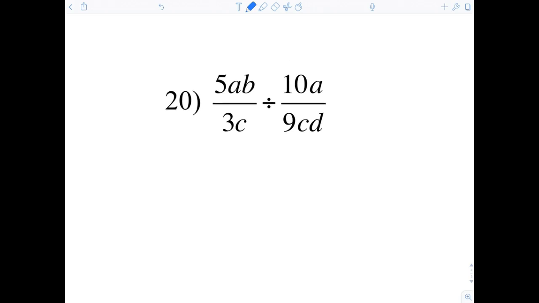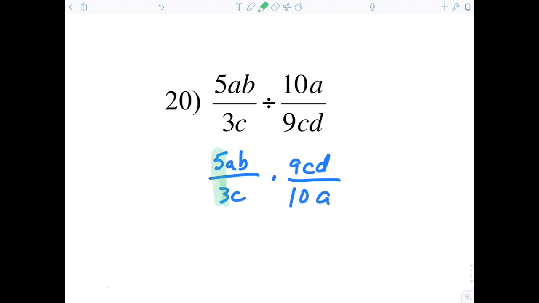We have division, so what do I have to do first? Multiply by the reciprocal. So let's do it: 5AB over 3C times 9CD over 10A. I told you the important thing is to do the numbers first. Always focus on the numbers first, then worry about the variables.